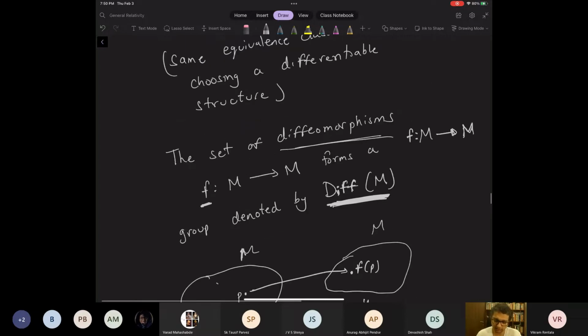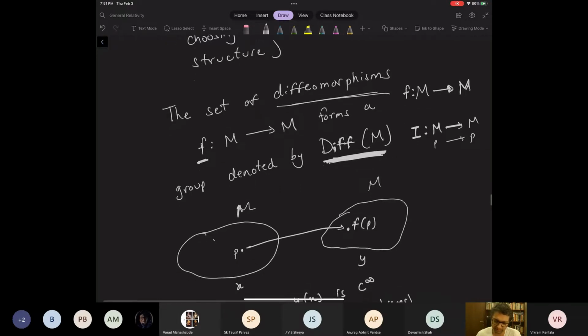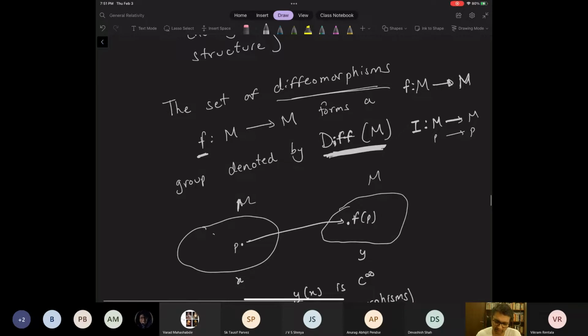There's an identity, which is just the trivial map from M to M. That is, you take the point P and you map it to the point P. Then you can compose two operations. That is, you can take F circle G, and this gives you a third function H, which is also a map from M to M, and therefore it's a member of the same group. That is your closure.